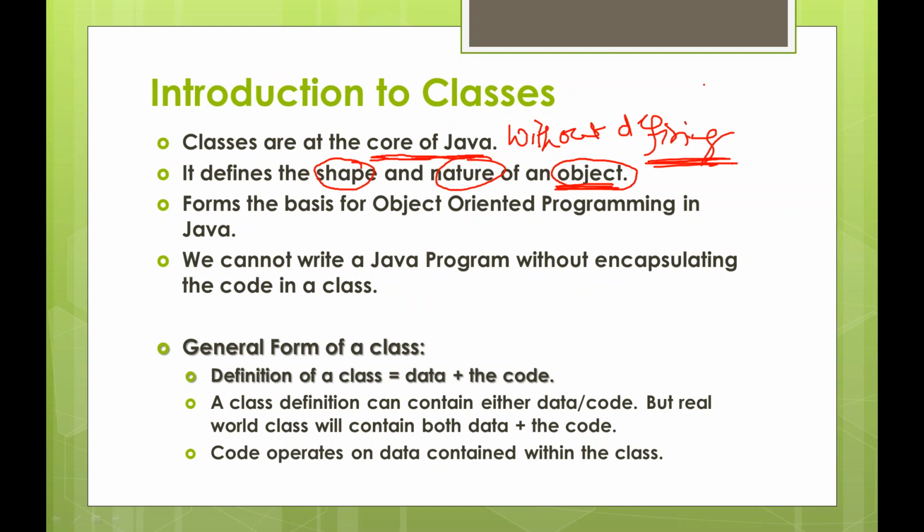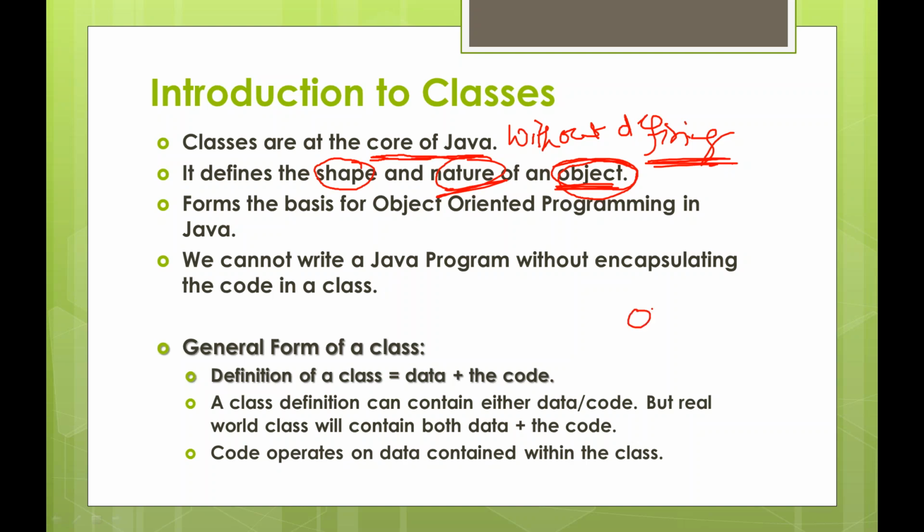Shape is how a particular object looks, that is how your mobile looks. Nature or behavior is what that particular mobile can do. You can talk, you can SMS, you can listen to songs, you can play videos, whatnot. That is your nature or behavior.